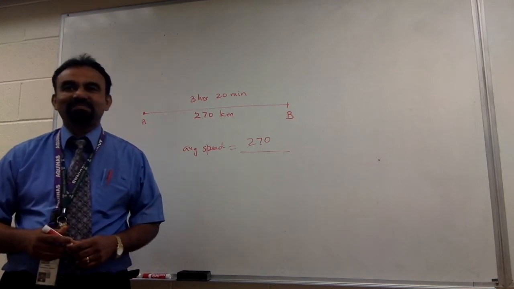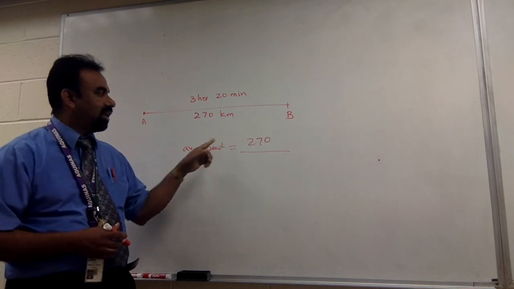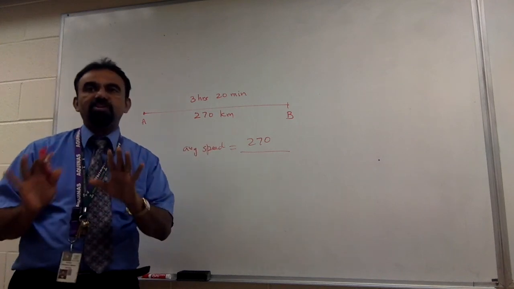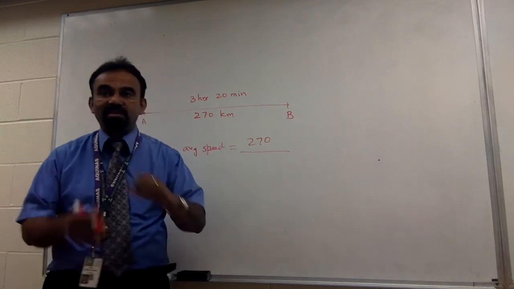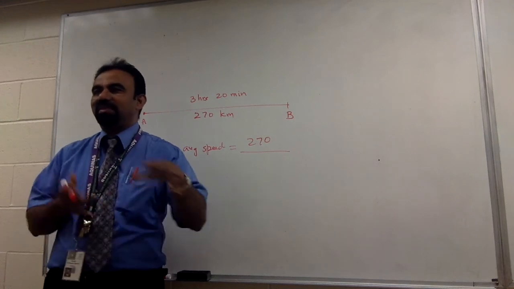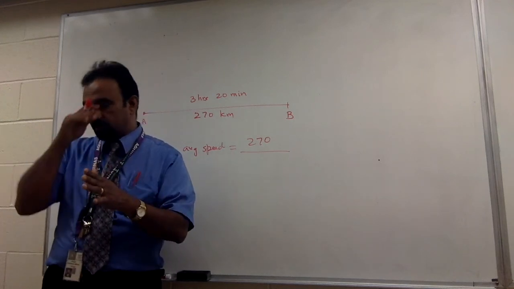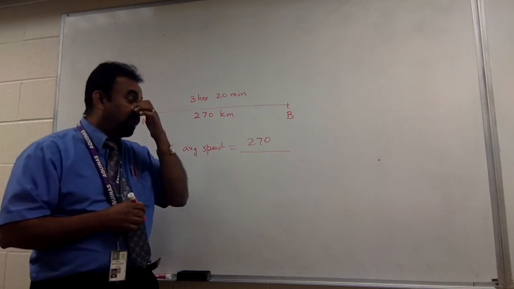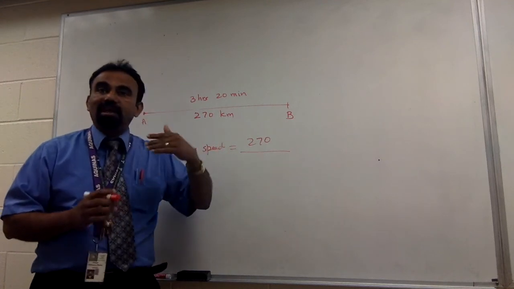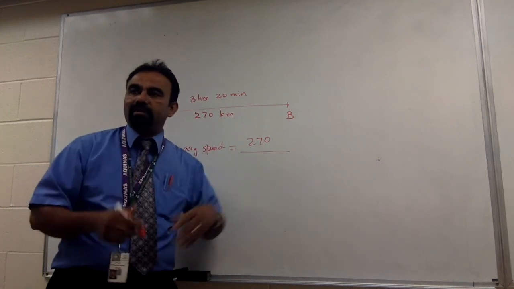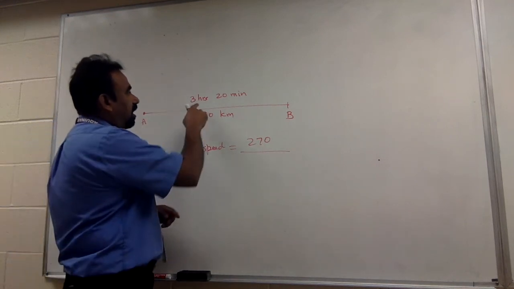Okay, 3 plus 1. Yeah, it is 3 hours. Make sure that the entire time is in hours, not hours, minutes, seconds, and all that. You can't do that. You have to put everything in hours, because we are trying to find out in kilometers per hour. So everything should be in hours directly. So 3 hours 20 minutes.